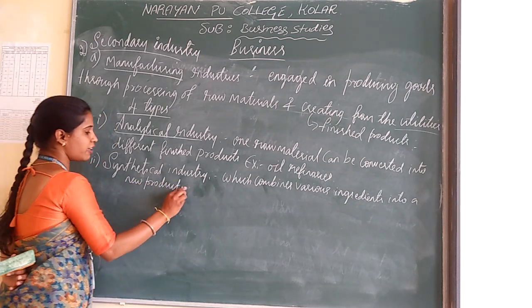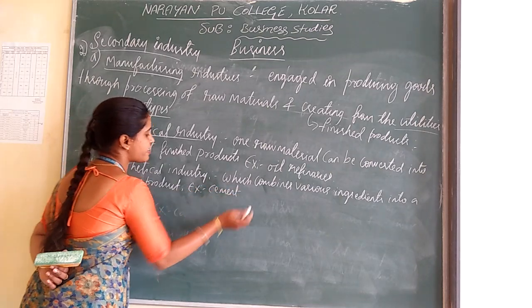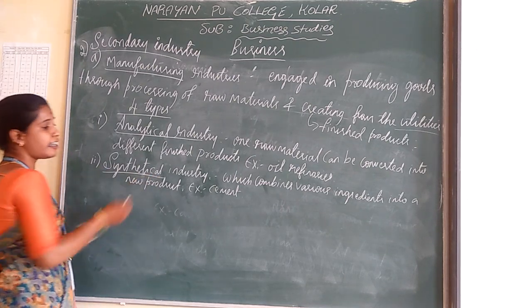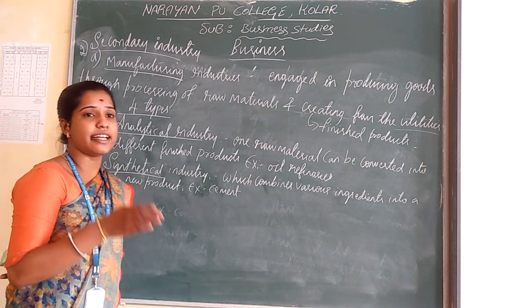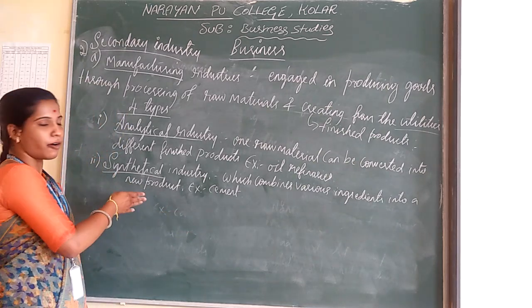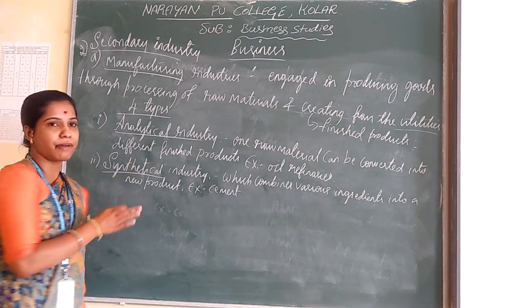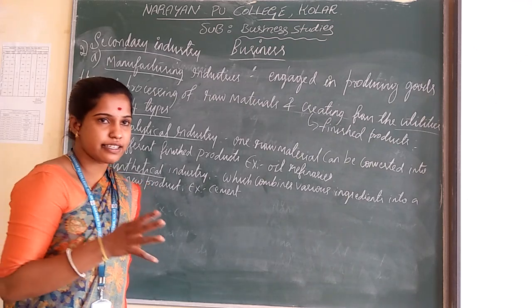For example, cement. So the synthetical industries are those industries which combine various ingredients into a new product. For example, cement. And the next one is the processing industry.